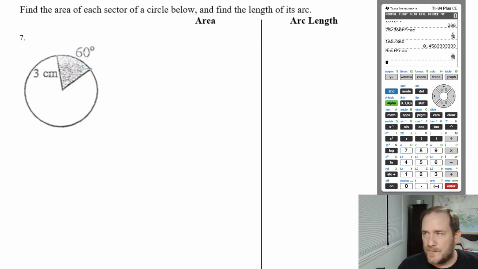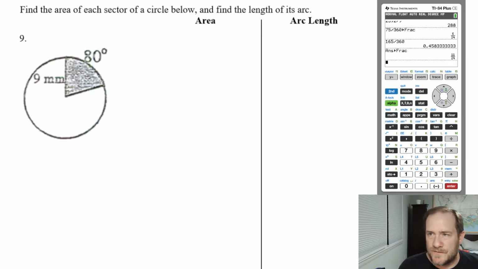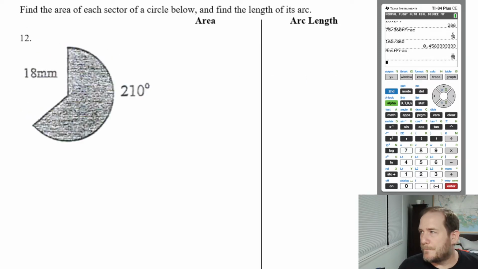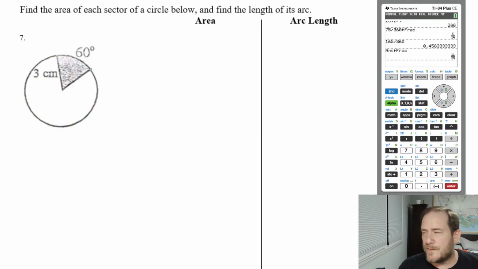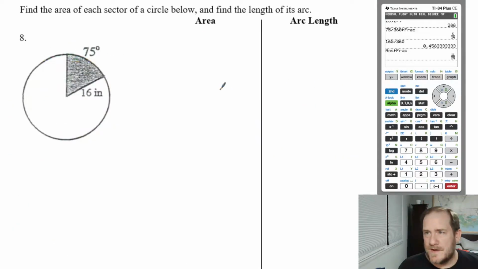So finally, here's where you get into just a bunch of more straightforward practice problems. So I think what we did in class was I changed this 75 into a radian measure, and it was like 5 pi over 24. I don't remember.